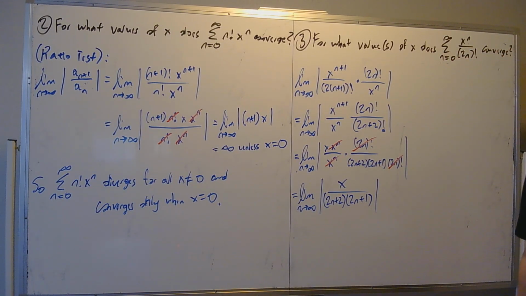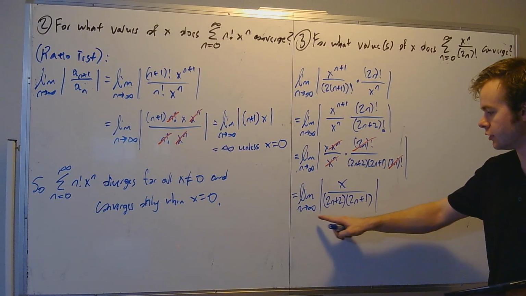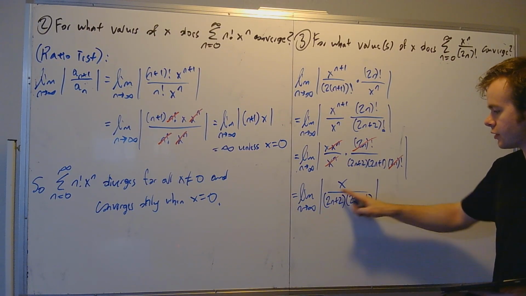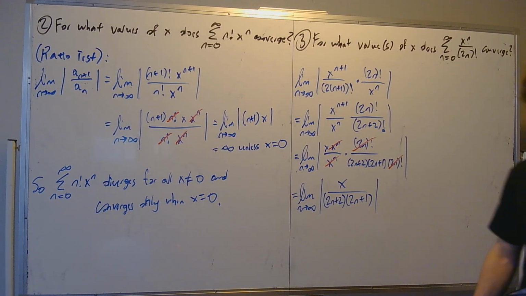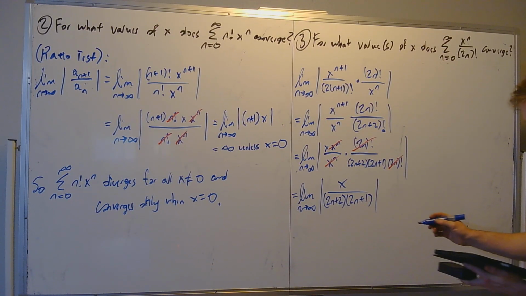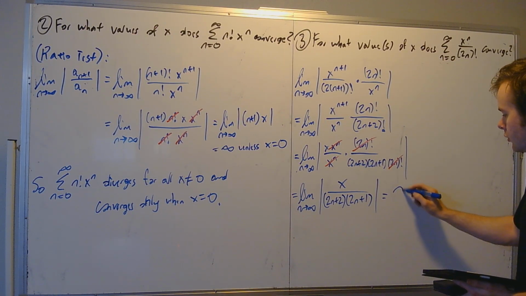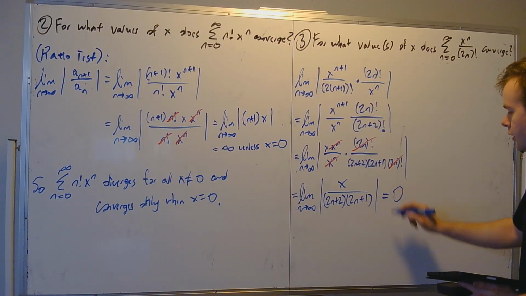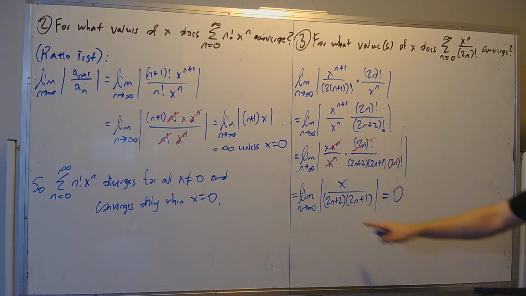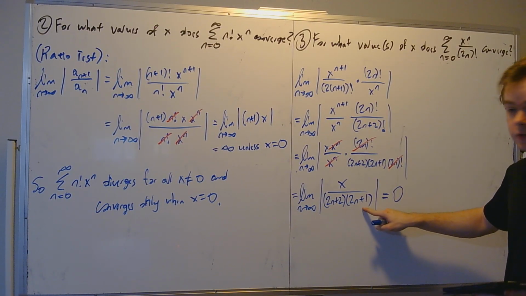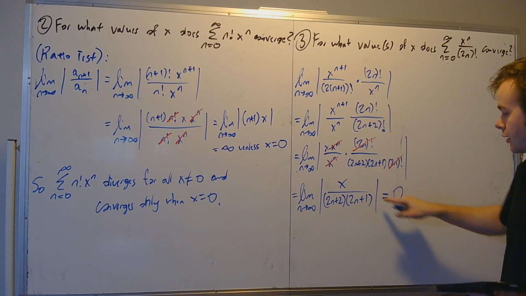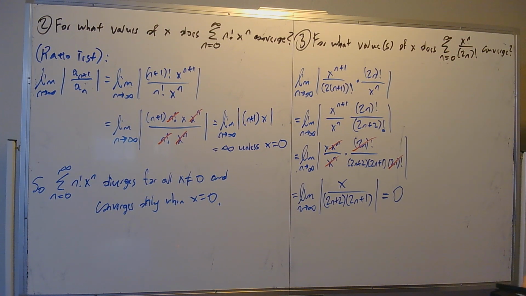Okay, but here n is going towards infinity, so this denominator is getting infinitely big, meaning that the overall fraction is getting infinitely small. So this is going to be equal always to 0 no matter what x is going to be. Because x isn't changing, but this denominator is getting infinitely big, so you're going to get closer and closer to 0.